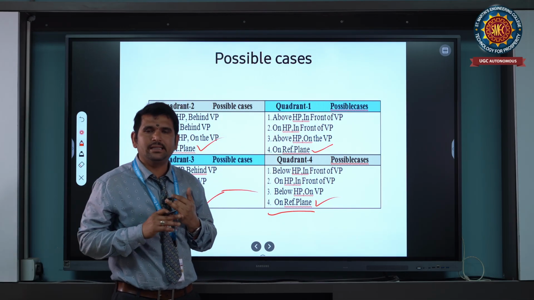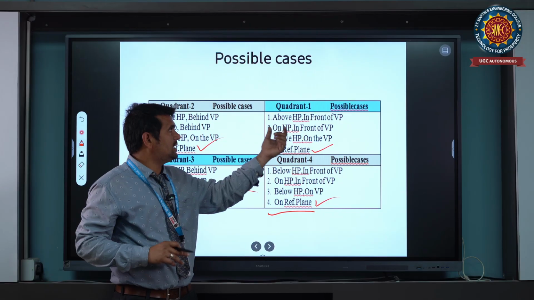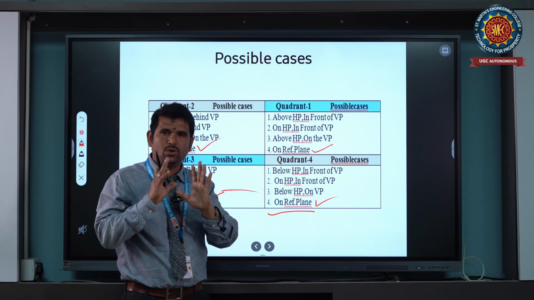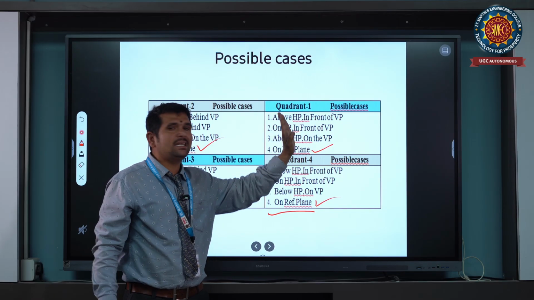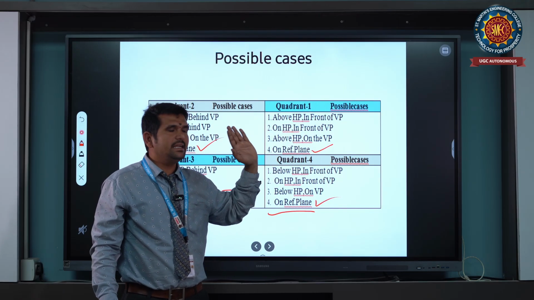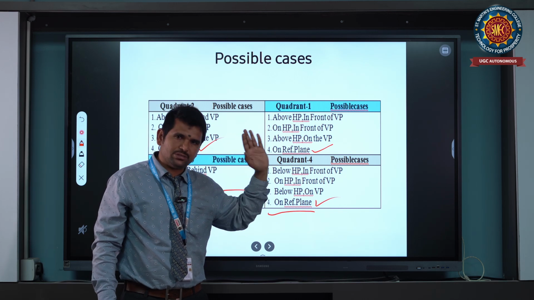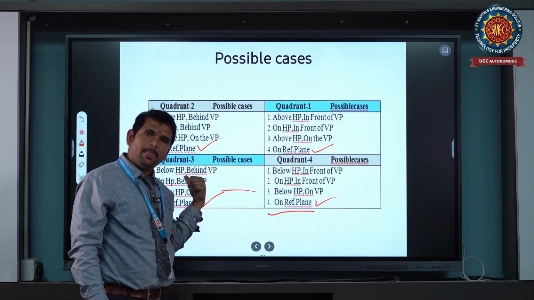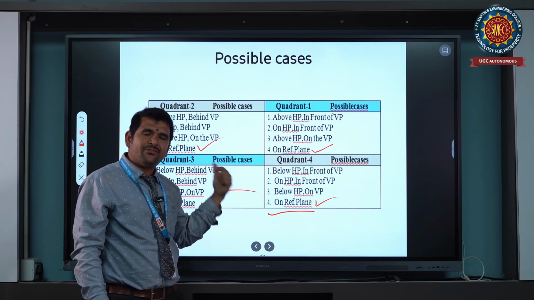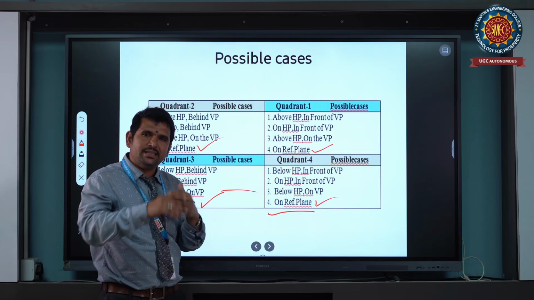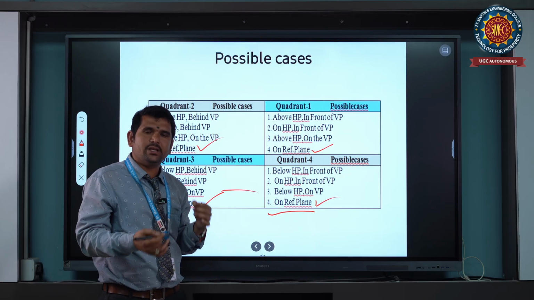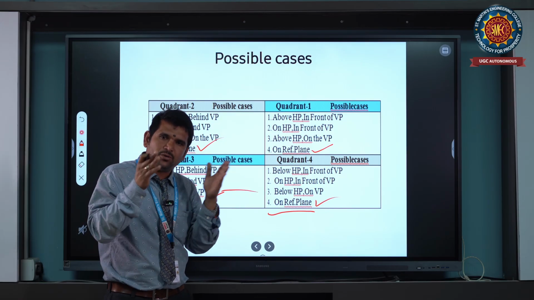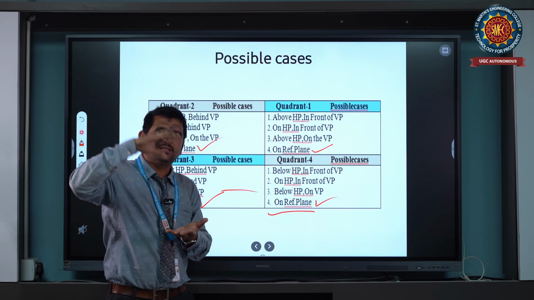And one more important thing we are going to discuss: the difference between Indians and foreigners. In most cases, Indians always use the first quadrant and foreigners always use the third quadrant, because of their standards and manufacturing-related points. Here, according to the Indian standard BIS, Indians follow the first quadrant.